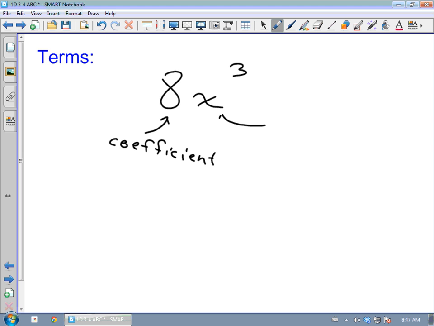This letter was the variable part. And this number, which usually appeared up on top of the variable, was our familiar exponent. What this meant is that we were taking 8 and multiplying it by x cubed. So a series of things that are all multiplied together form a single term.